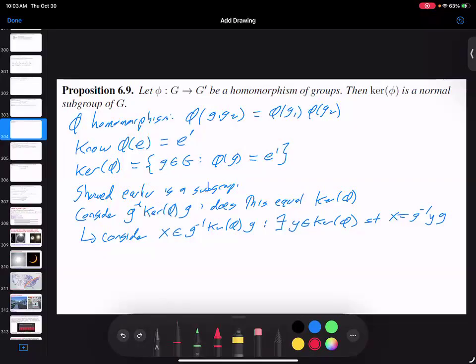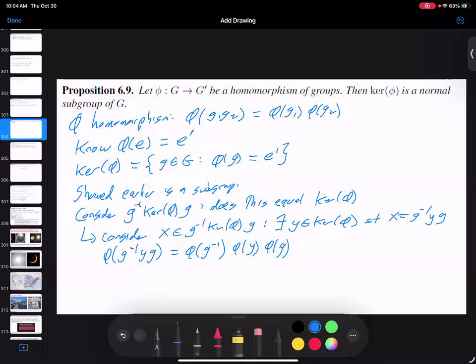So let's look at phi of g inverse y g. This equals phi of g inverse, phi of y, phi of g. Technically, we only did phi of a product is the product of the phis when you have two elements, but if you had more than two elements, it's not a big deal.